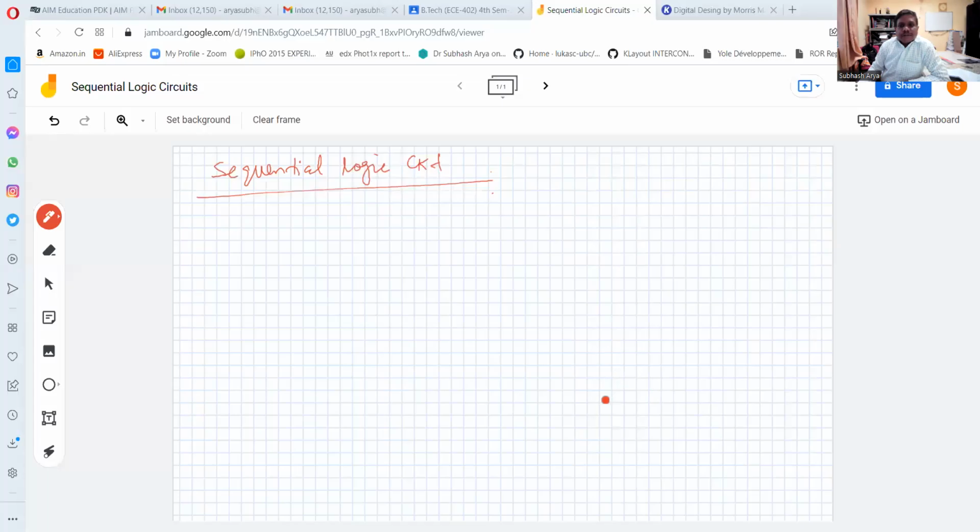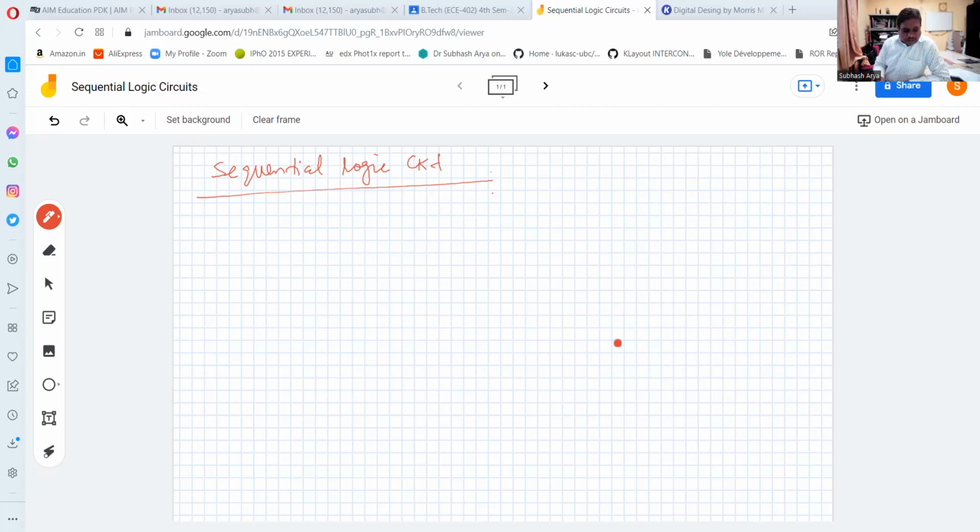It is visible. I think the Jamboard is visible. Yeah, the Jamboard must be visible.